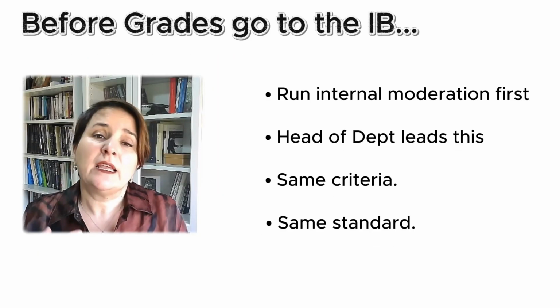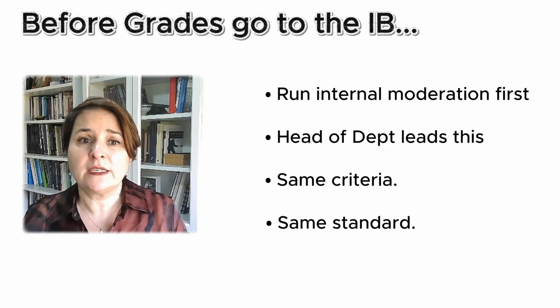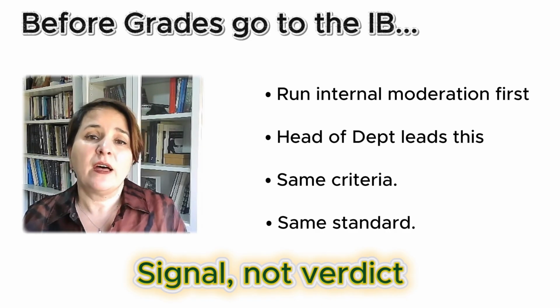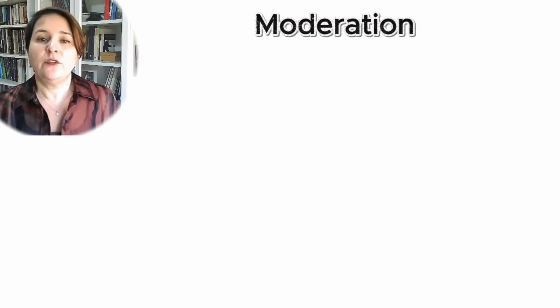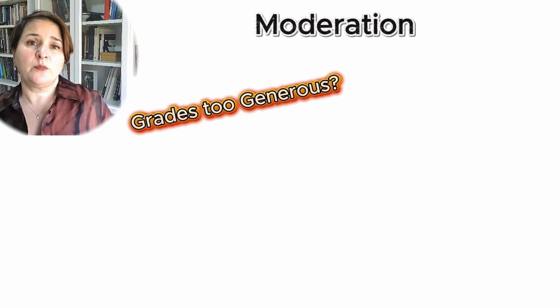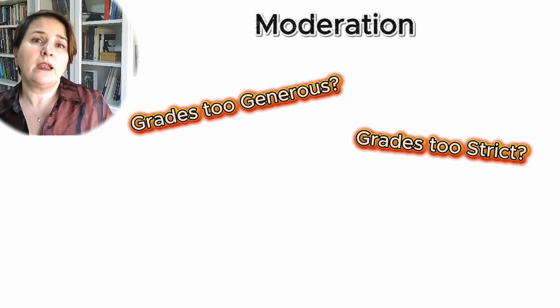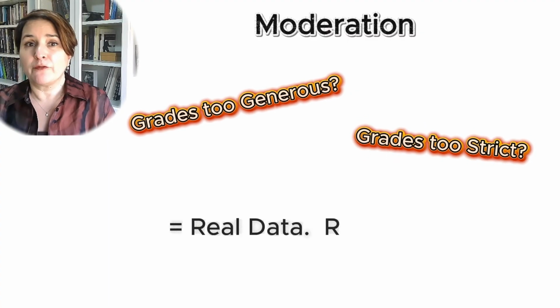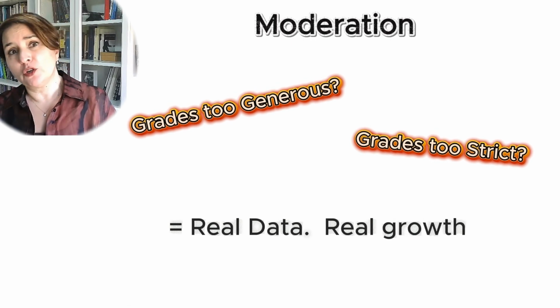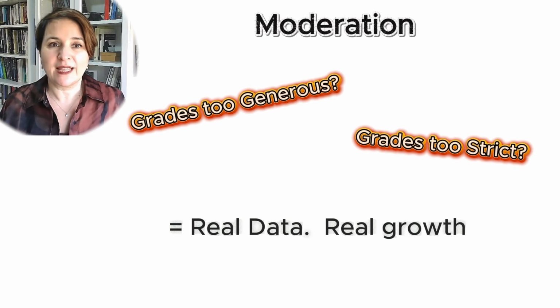And like this, if the IB adjusts your grades, it's a signal rather than a verdict. If your grades were to be adjusted because you've been too generous or too strict, this is a real learning opportunity. You'll have real data that you can use to look at your assumptions and readjust, and that's it.